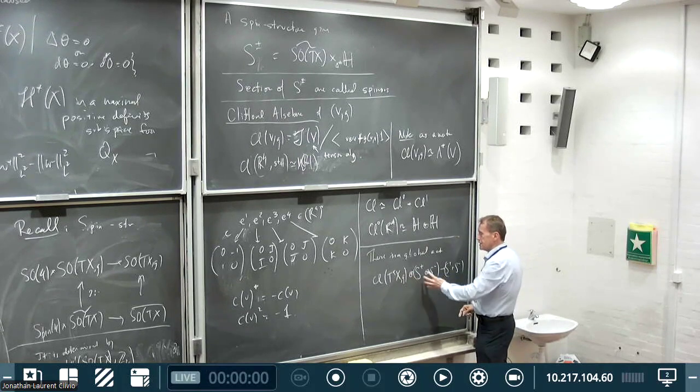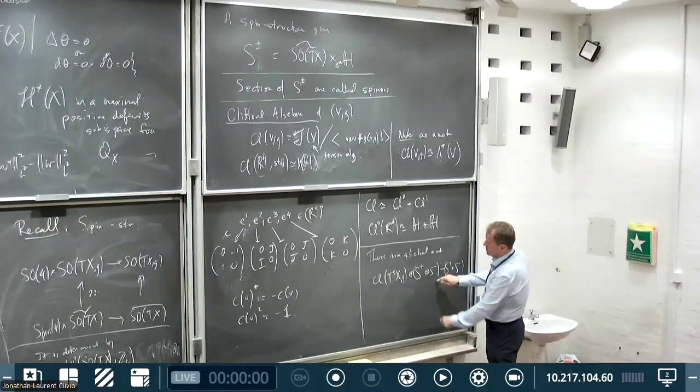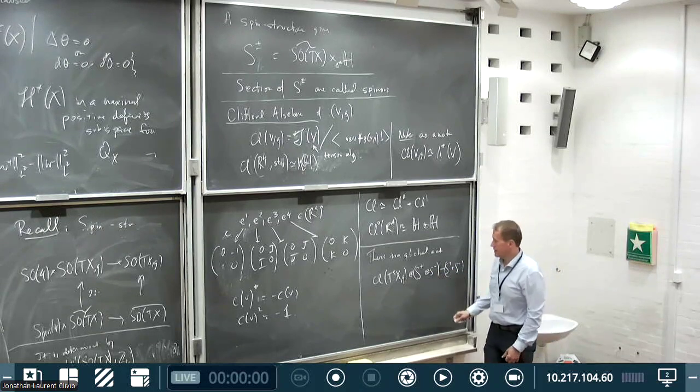You should think of this as a kind of Z2 graded picture. This is a Z2 graded algebra, this is a Z2 graded vector space, and so this is a map of Z2 graded things.